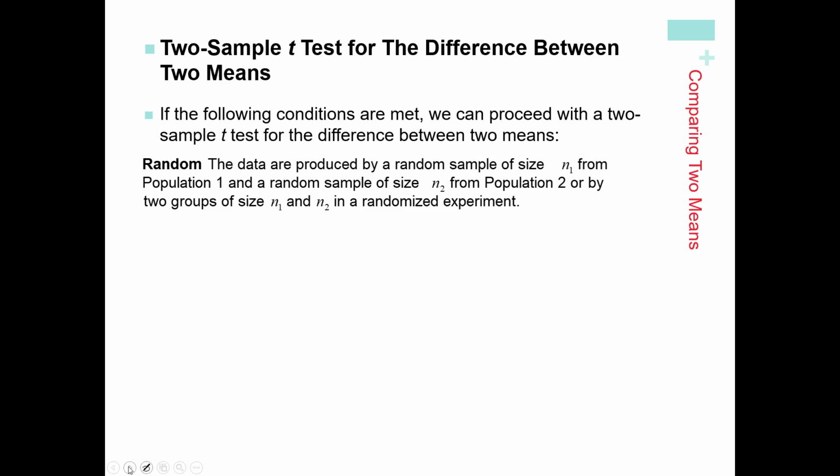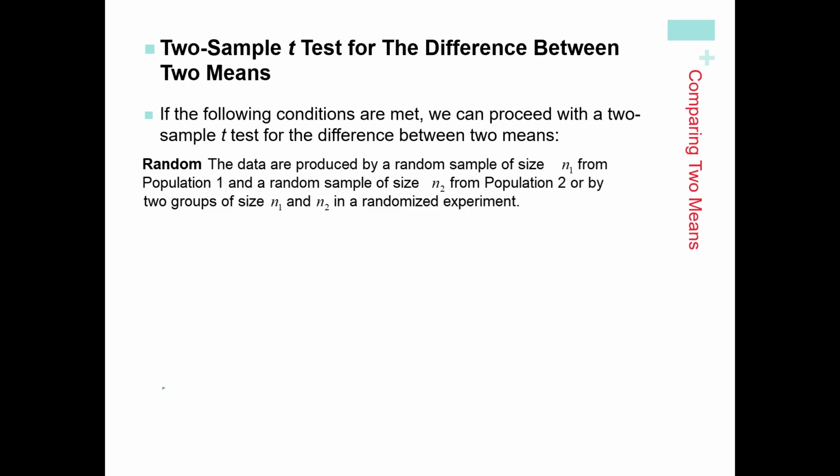First of all, random. The data need to come from either random samples of size n1 and n2, or by two groups of size n1 and n2 in a randomized experiment. A lot of you are used to looking for SRS in the text of a problem. That's awesome. Remember also that it can come from a stratified random sample or a cluster sample, as long as it's selected randomly.